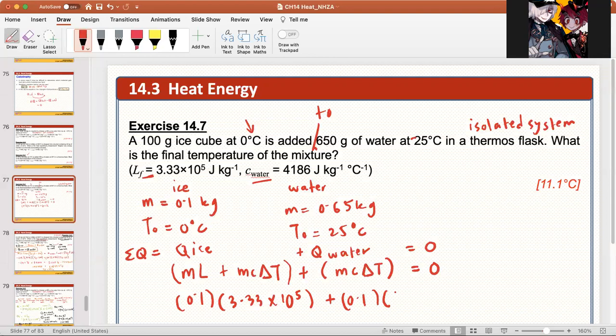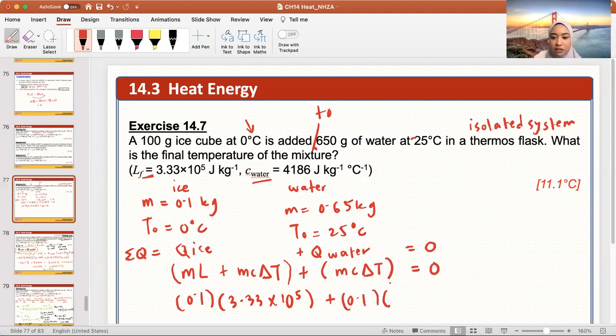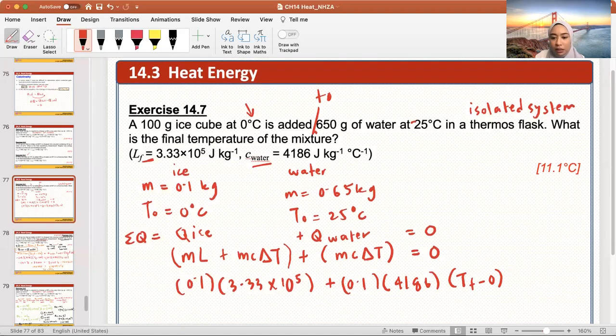It's not sea ice? No, no, because it already changed. Correct. So seawater, 4186. And our T final is the temperature that they reach equilibrium together. We know this. T initial is 0. Not enough space. And then plus mc, mass of water 0.65.